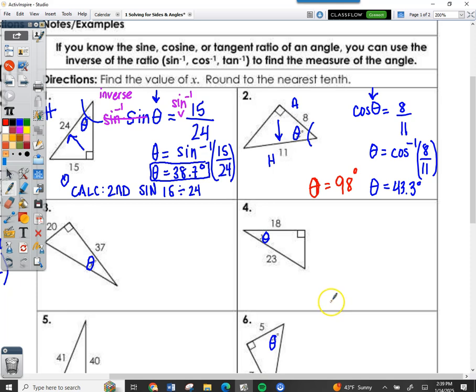What's a red flag to let me know that's not possible? Do y'all remember from geometry about triangles? Yes. What's the total? 180.